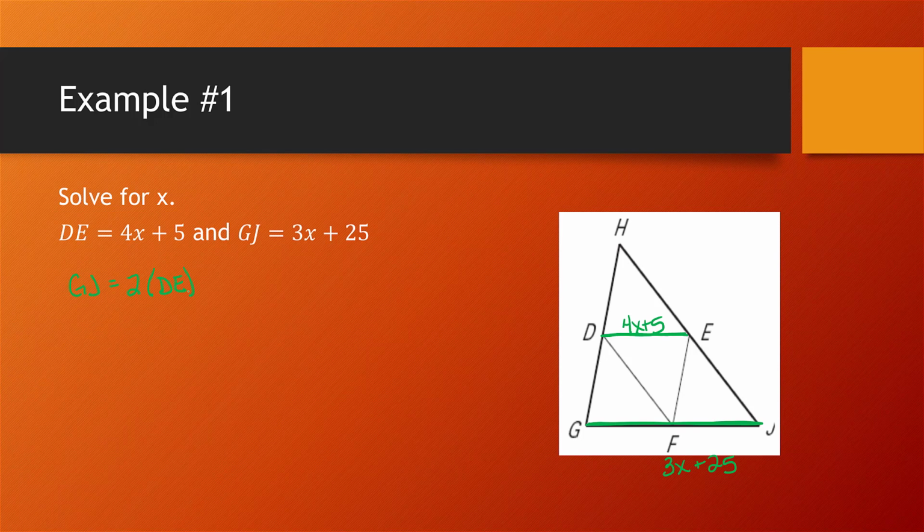Now that I know this and I've written it down, I can go ahead and plug in those algebraic expressions. GJ is 3x plus 25, and then 2 times DE, which is 4x plus 5. And now we solve. We'll start off with distributing our 2.